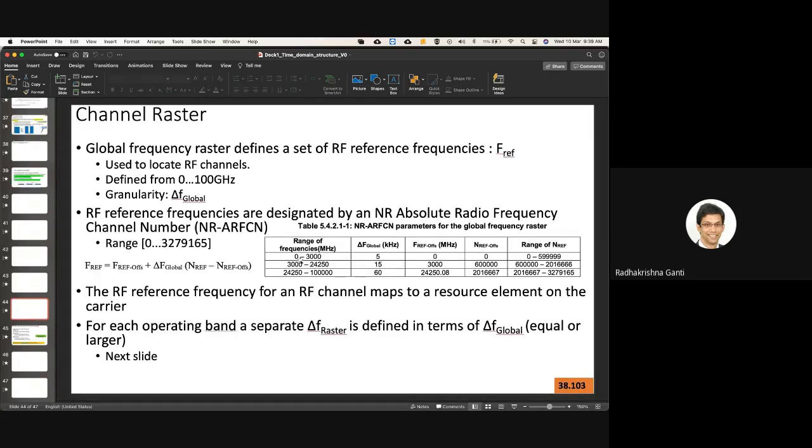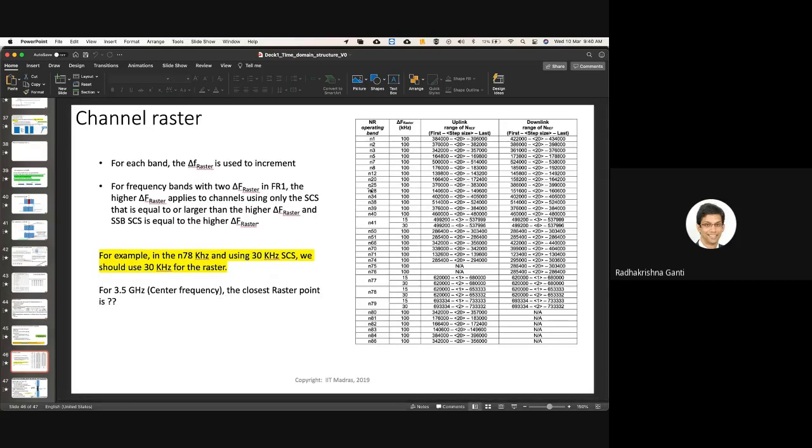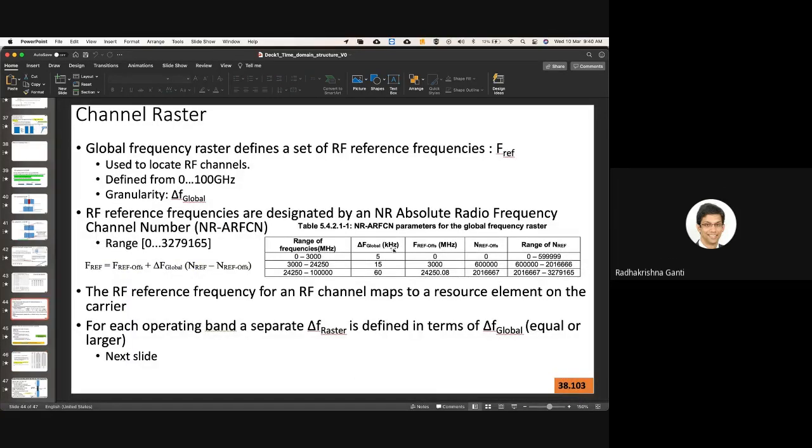So for 0 to 3 gigahertz, the delta F global raster is 5 kilohertz. For 3 gigahertz to 24 gigahertz, the global raster is 15, and above 24 gigahertz it is 60. But NR also defines its own raster. For each band, they give a raster which is a multiple of this global raster.